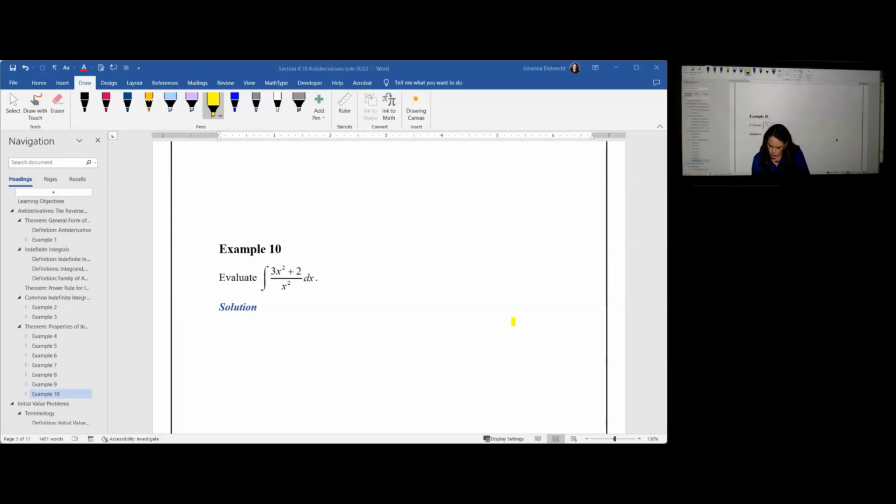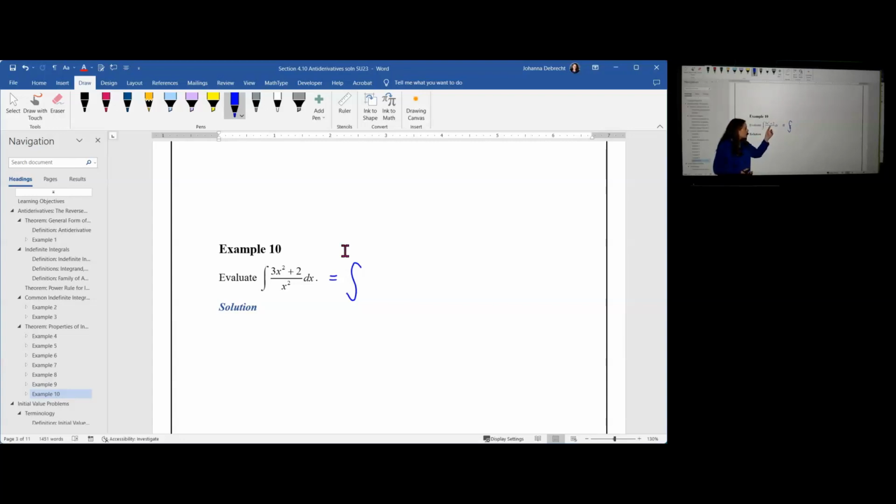When we look at example 10, at first, it looks like we cannot evaluate the indefinite integral because we have division. We do have addition, but it's buried inside the numerator of the fraction, so we cannot split the integrand there, because the division is the last thing that's done.